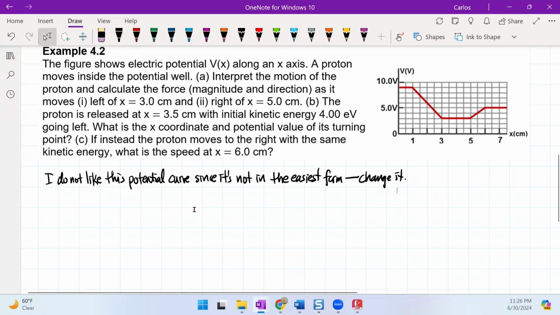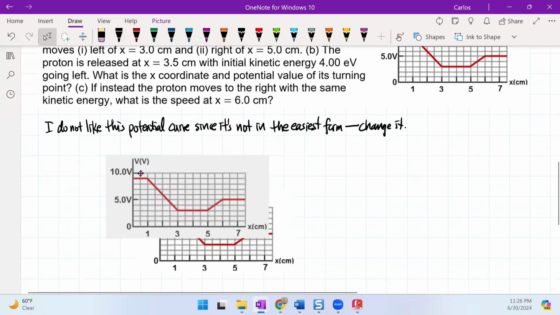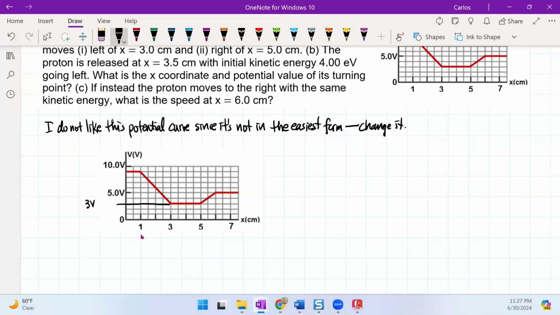So why do I have a problem with this curve? This is the problem that I have. When you look at where the 0 is at, you can see that it's not at the bottom of the potential curve. If I look at this point right here, this is at 3 volts, but this guy should be at 0 volts.